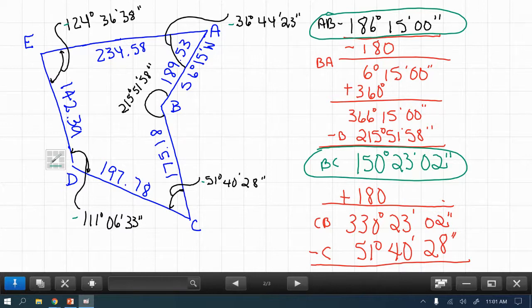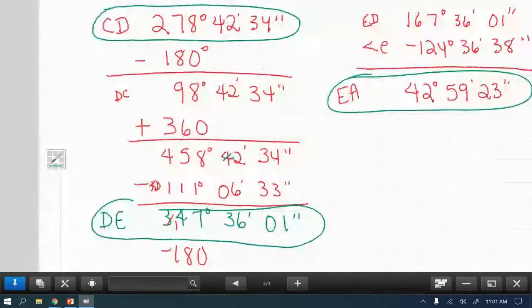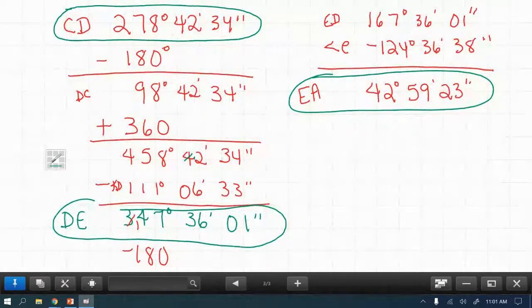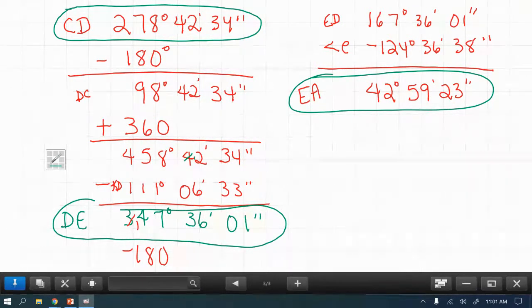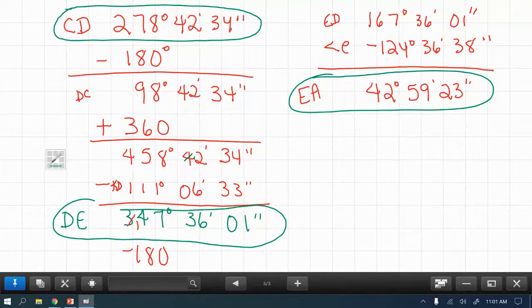B to C is 150, 23, 02. C to D is 278 degrees, 42 minutes, 34 seconds. D to E is 347 degrees, 36 minutes, and 01 seconds. And the last one, E to A, is 42 degrees, 59 minutes, 23 seconds.